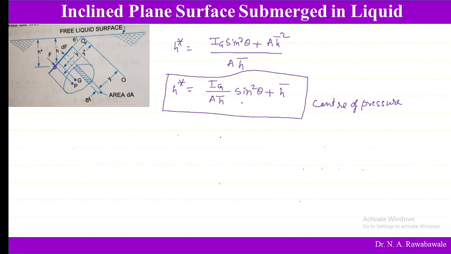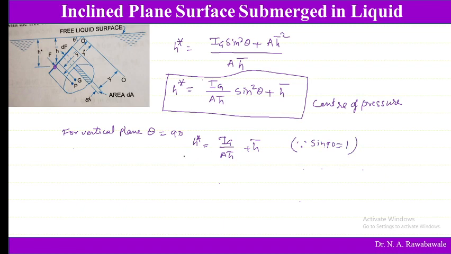So if we substitute theta is equal to 90, if this plane becomes vertical, for vertical plane theta is equal to 90, this sin square theta becomes 1. Therefore the equation becomes h star is equal to Ig divided by A h bar plus h bar, because sin 90 is equal to 1.